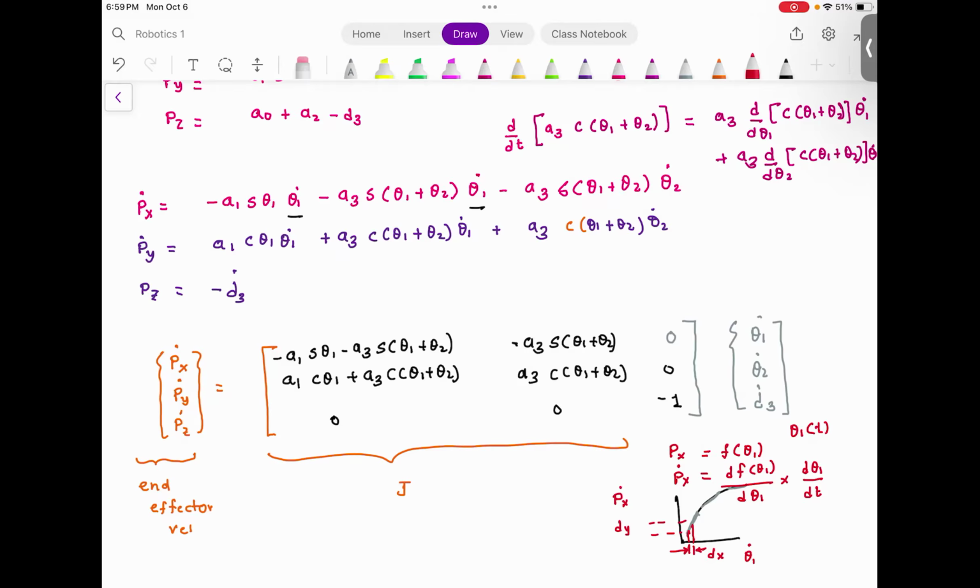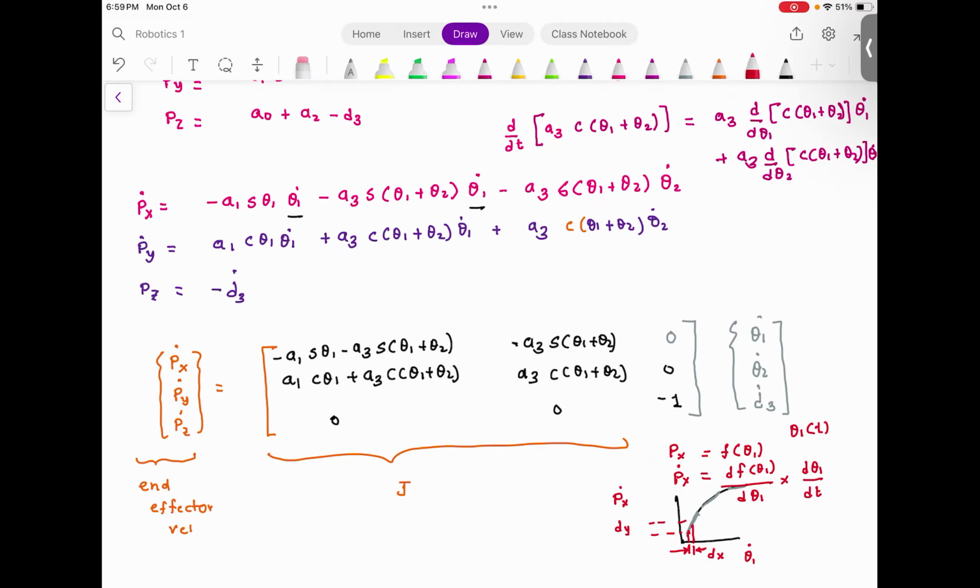You agree with me? So theta 1 dot is influencing this much quantity in px dot. Theta 2 dot is influencing this much quantity in px dot. Theta 1 dot is influencing this much quantity in py dot.